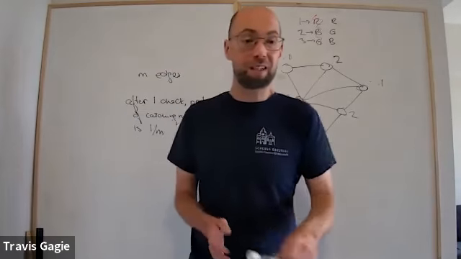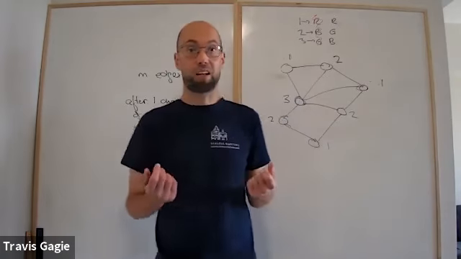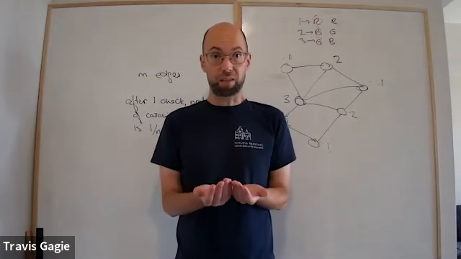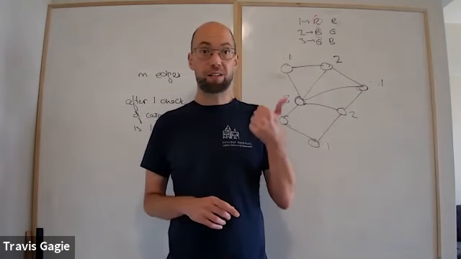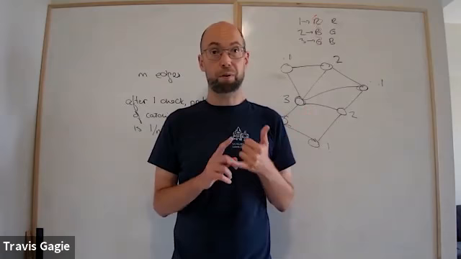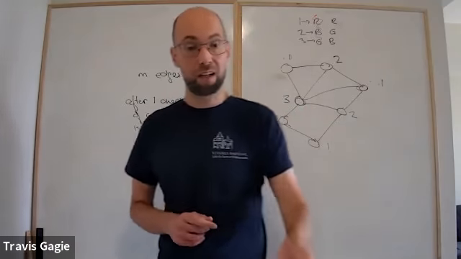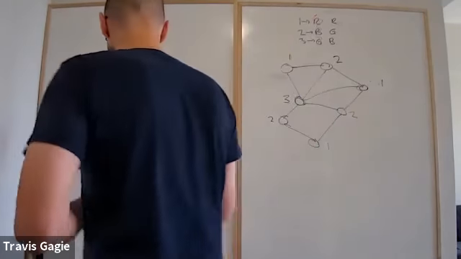Now, what's the probability after this second check that I could get away with cheating? Well, the probability that you catch me on the first check is 1 over m. The probability that you catch me on the second check is 1 over m.